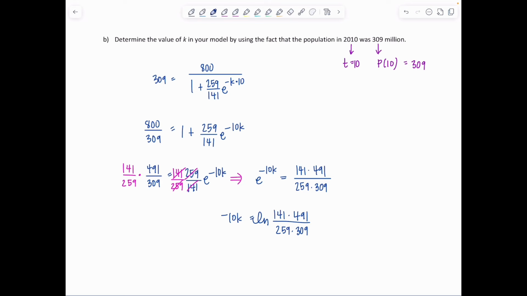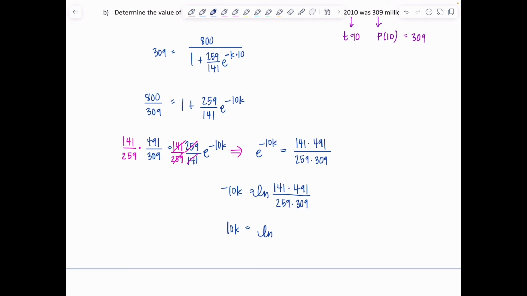Remember what I did to get rid of the minus sign? You have 10k equals, flip the argument. So 259 times 309 ends up being 26,677, and then 141 times 491 is 223,077.